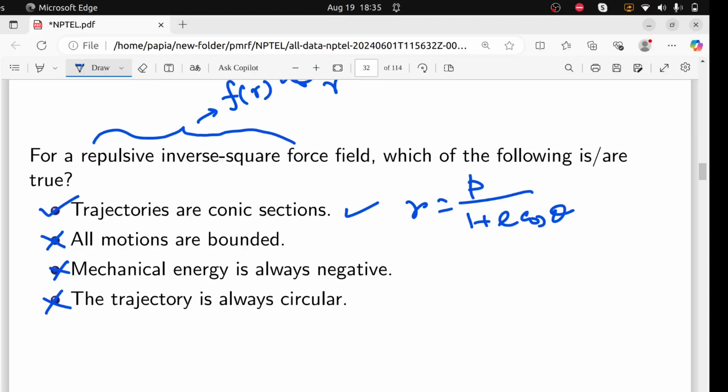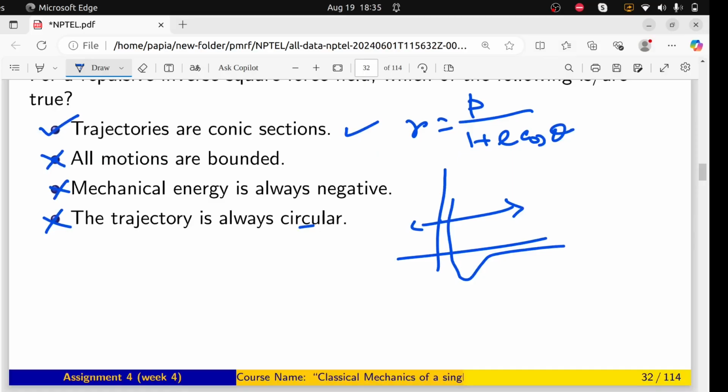Now all motions are bounded, obviously not. If I see the plot here again, this one will not give the bounded one. Mechanical energy is always negative, that is not correct because here you can see that the mechanical energy is positive. The trajectory is always circular. No, it is also not correct because it can be of 4 types.